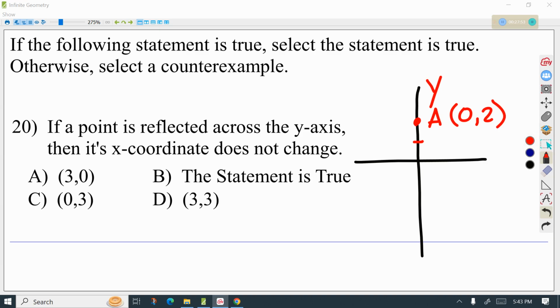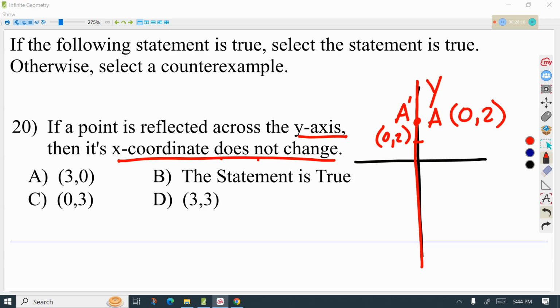It's on the y-axis, so if I reflect it across the y-axis, then it doesn't move. So A prime is still (0, 2), in which case its x-coordinate did not change. And so any point that is on the y-axis would be an example of this being true.